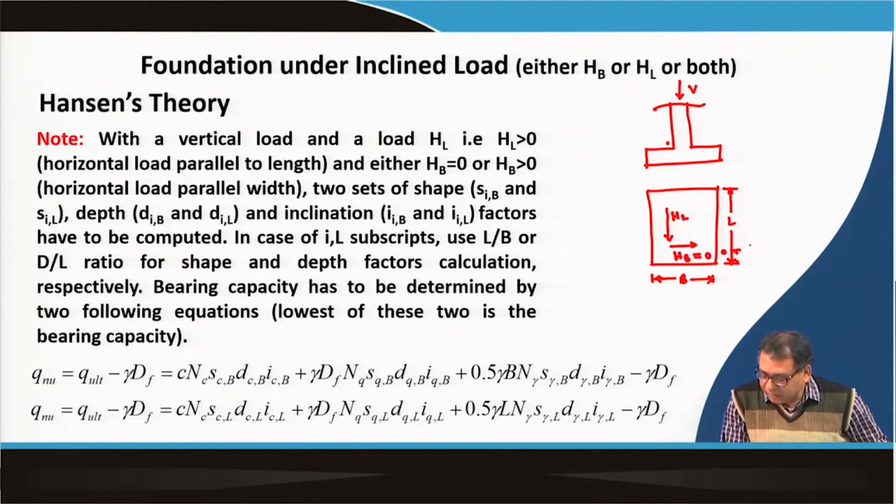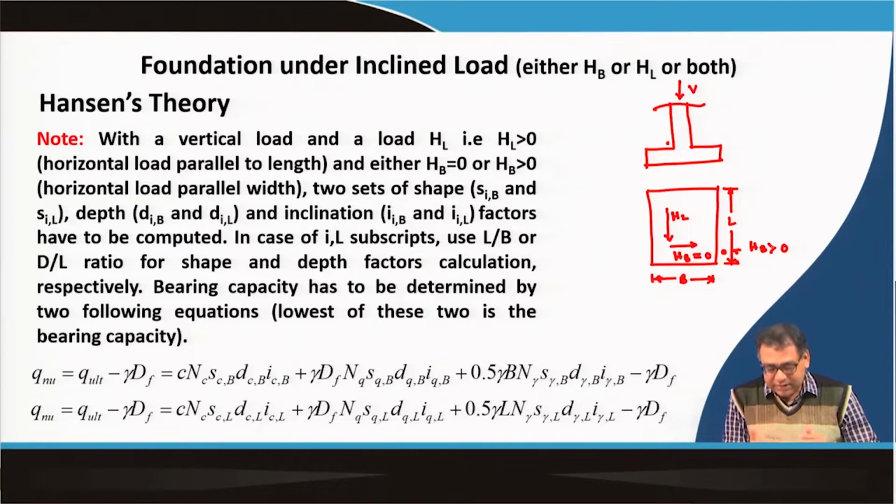or HB greater than 0. So, if the horizontal component of the inclined load, or the horizontal load, is parallel to L, in such a case we have to consider two sets of shape factor, depth factor and inclination factor to incorporate the inclined load effect in these factors, or in the bearing capacity equations.